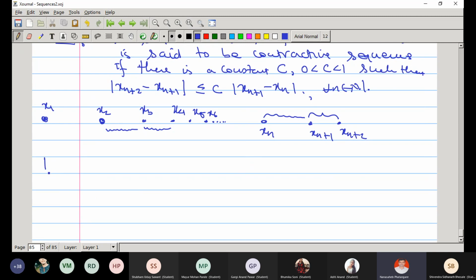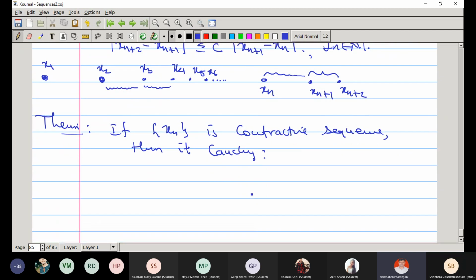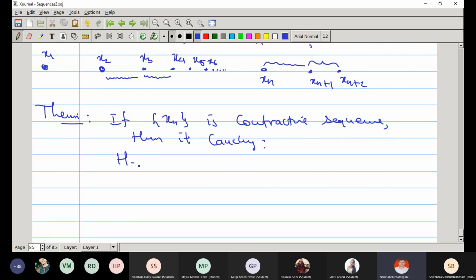So actually, if xn is contractive, then it is Cauchy. And therefore this is another way to look at a Cauchy sequence. If a sequence is contractive, then it is Cauchy, and hence convergent, because a Cauchy sequence is convergent.